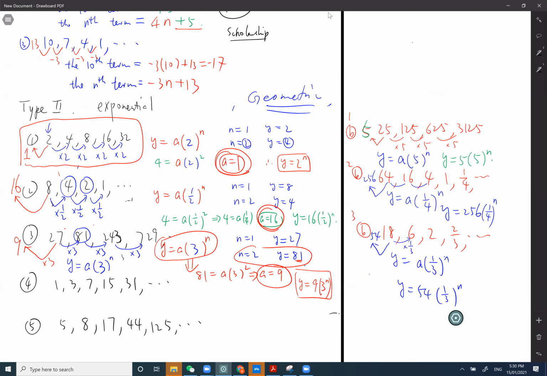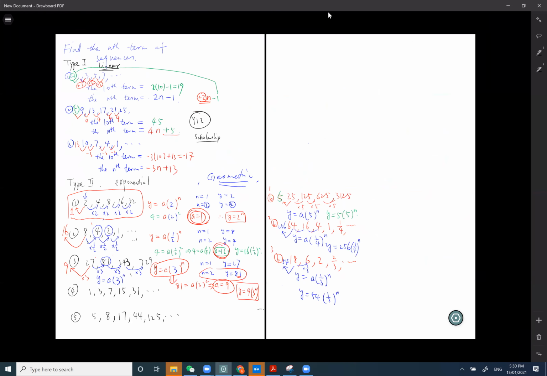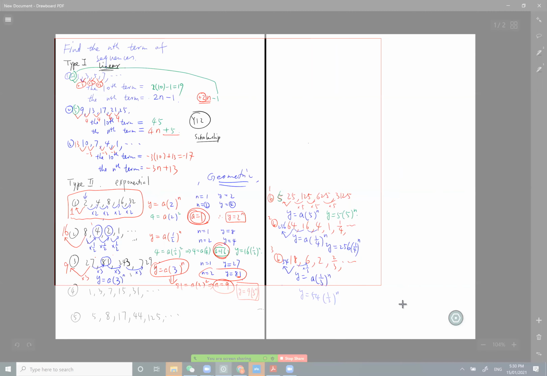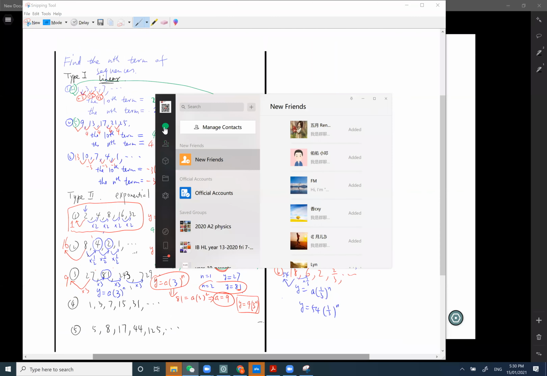Do we have like always times the same number for number 4? No, we need a screenshot. This part too hard. Isn't that a linear one? Oh, we check together.